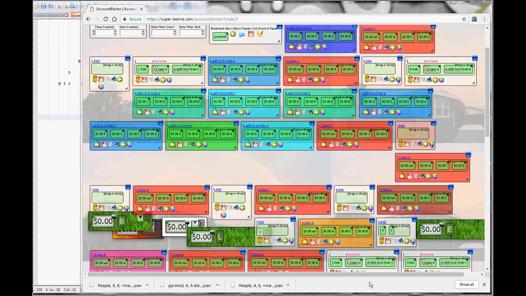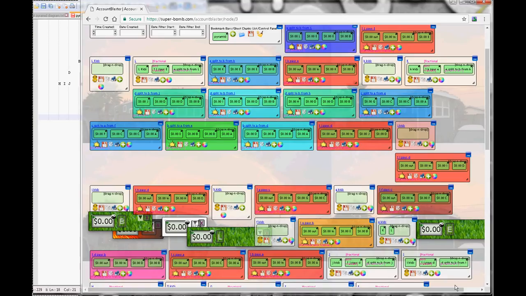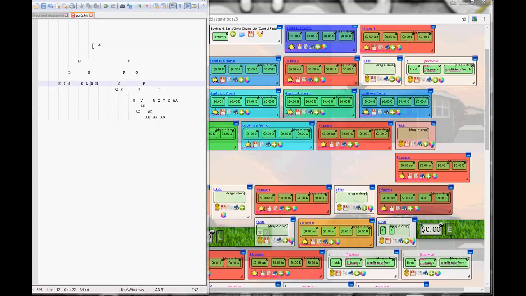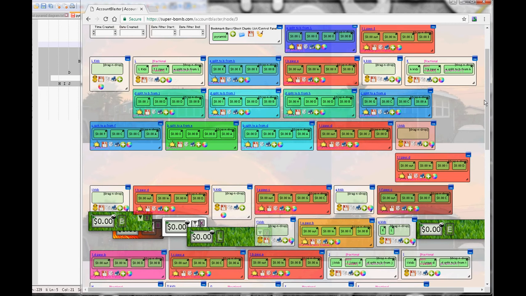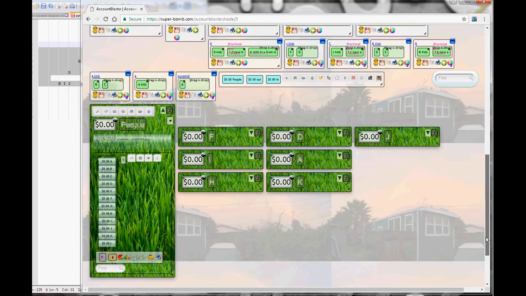Okay, so this is part 1 kabillion of how to make an income pyramid. We got the pyramid from A to L. We got all the accounts.